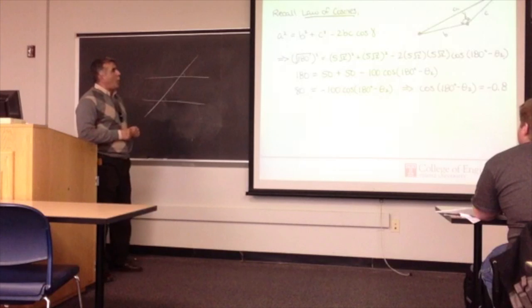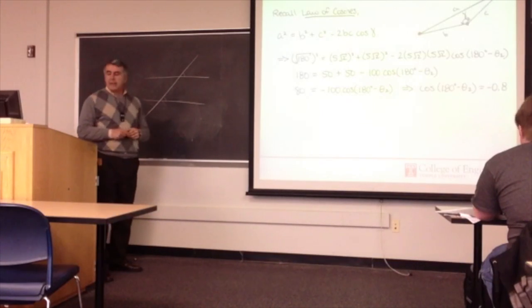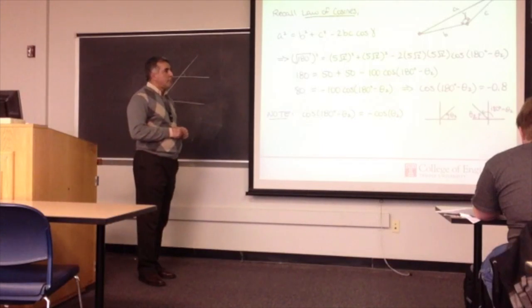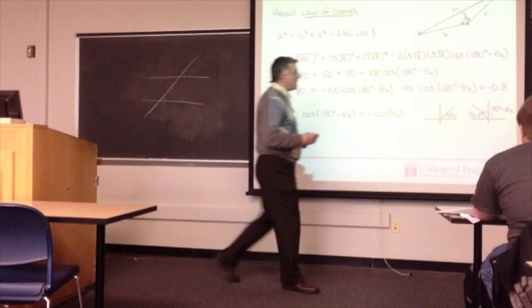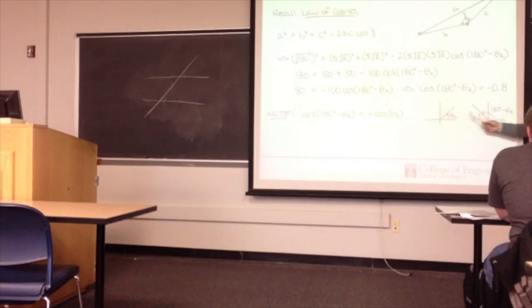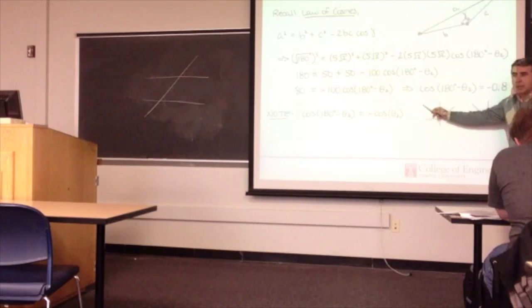So, what does it mean, 180 minus theta 2? If this is theta 2, 180 minus theta 2 is this. If you want to measure 180 minus theta 2, the first thing you have to do is get a mirror image of this on the other side.